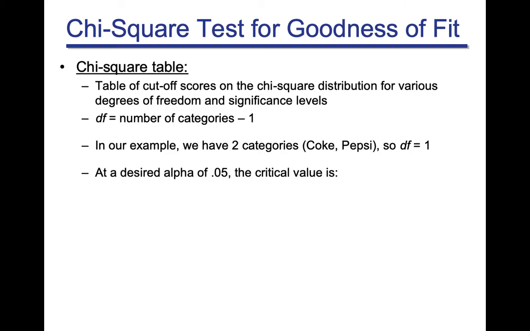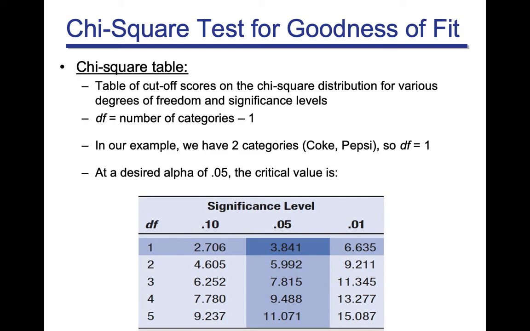At a desired alpha level of 0.05, corresponding to sample results that happen less than 5% of the time if we assume that the null is true, our critical value would be 3.84. Okay? So what that means is that if we calculate a chi-square that is something less than 3.84, we will have insufficient evidence to reject the null.